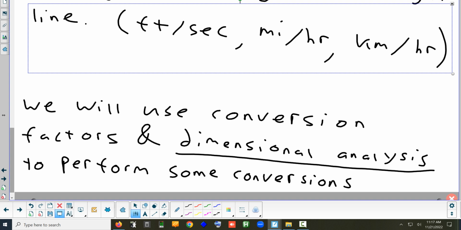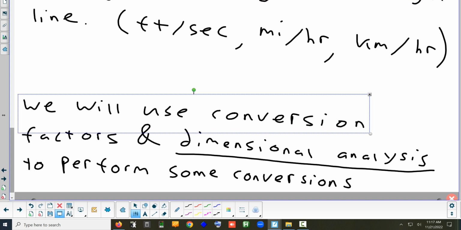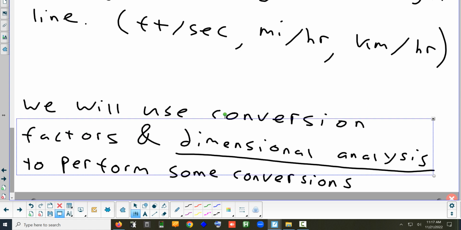As long as we know conversions, and you are expected to know simple ones like feet to inches, inches to yards, minutes to seconds, seconds to hours, hours to days, all we have to do is figure out whether the number goes in the top or the bottom. We'll figure it out based on the unit we're trying to get in the problem.